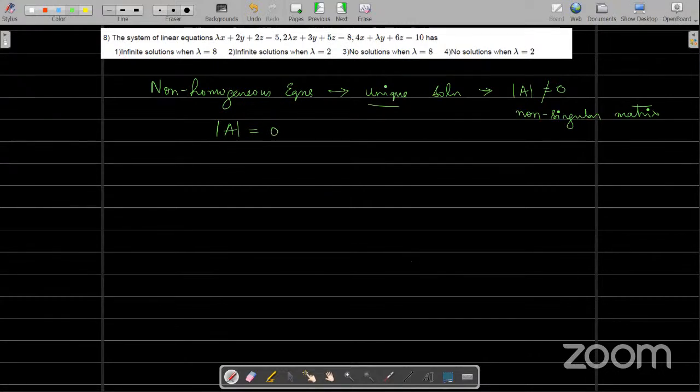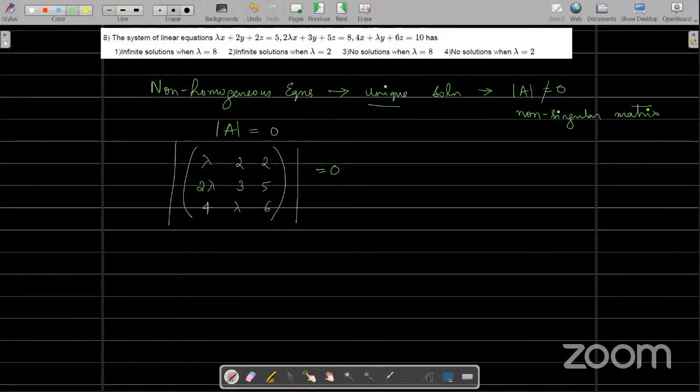So therefore, you write down the matrix of the coefficients, which is lambda 2, 2, then 2 lambda 3, 5, and 4 lambda 6. And the determinant of this when equated to 0 will give you an equation in lambda.